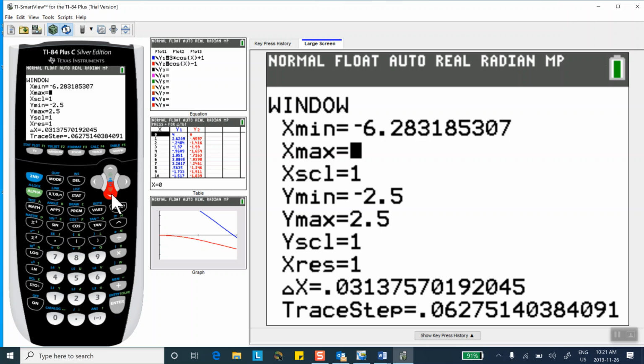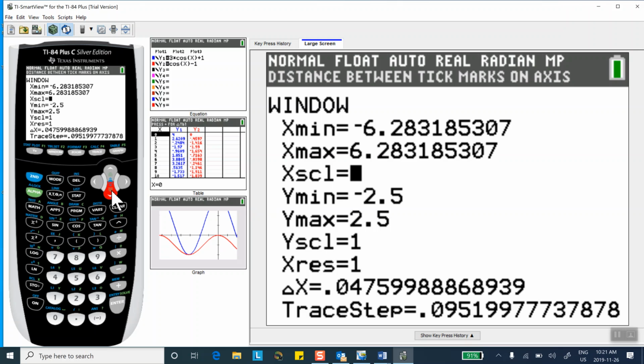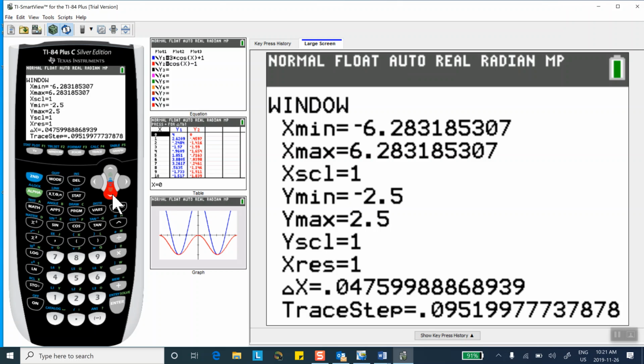For x maximum, 2 pi, so we're going to be 2 times second function pi. There we are. For y min, minus 2.5, and 4.5 for y max. Okay, and then graph it.